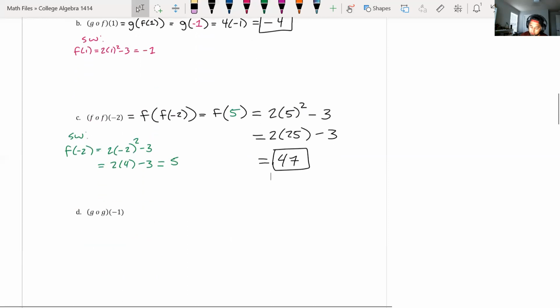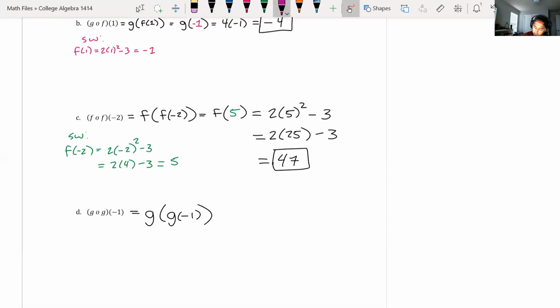And then D, g compose g of negative 1. Rewrite it. G of g of negative 1. Let's go ahead and find out what g of negative 1 is. And g was just 4x. So you get negative 4. Now that will replace g of negative 1.